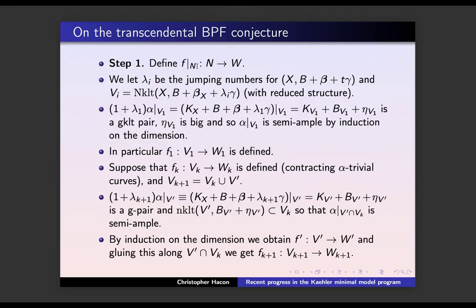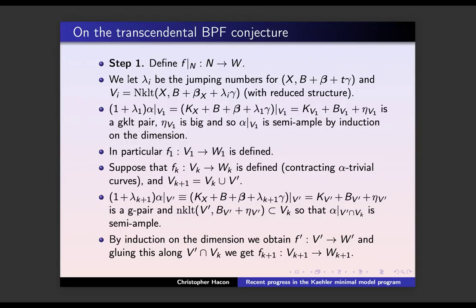The first step is to define a map from the null locus to some variety W. And then I want to extend this map to the whole of X. Here I'm talking about defining a map from the reduced structure, the reduced space corresponding to the null locus.